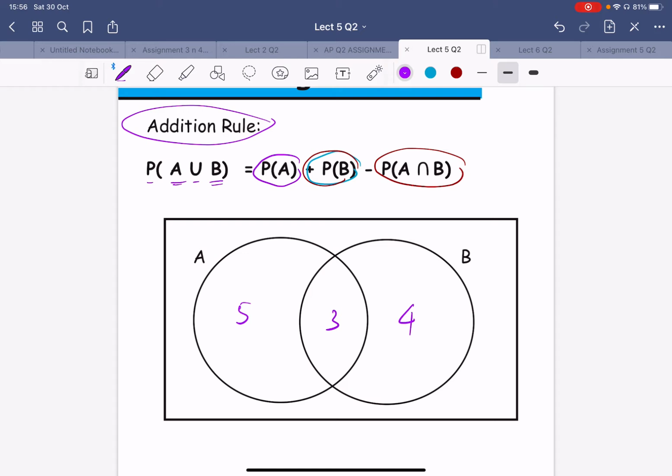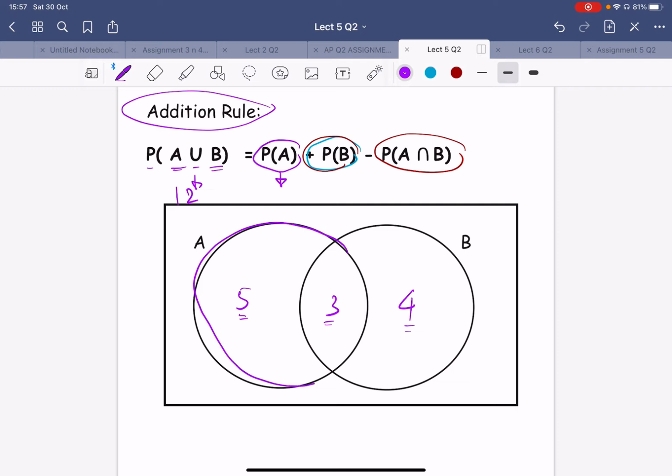So we know that the probability of A union B should be equal to 5 plus 3 plus 4, which is 12. I'm supposed to get 12. Now I'm saying that this is equal to the probability of A, which is 8, plus the probability of B, which is 7, minus this middle portion here, which is 3.